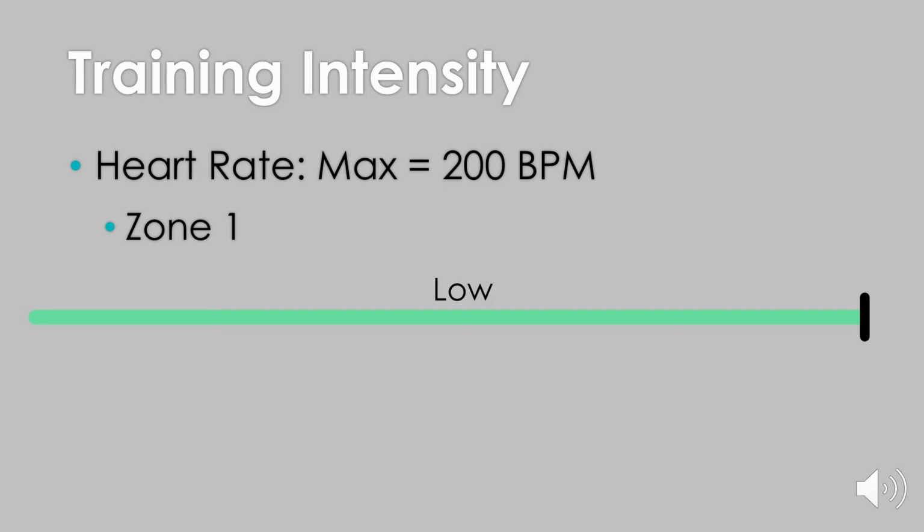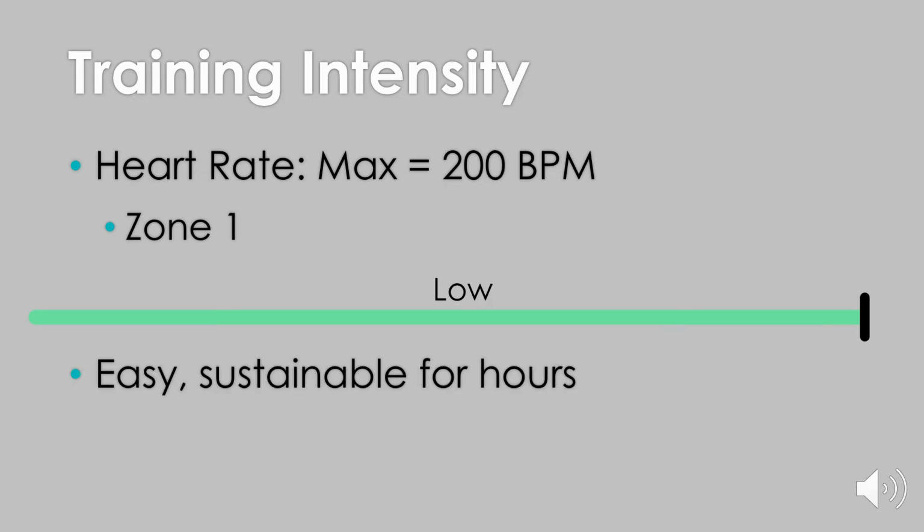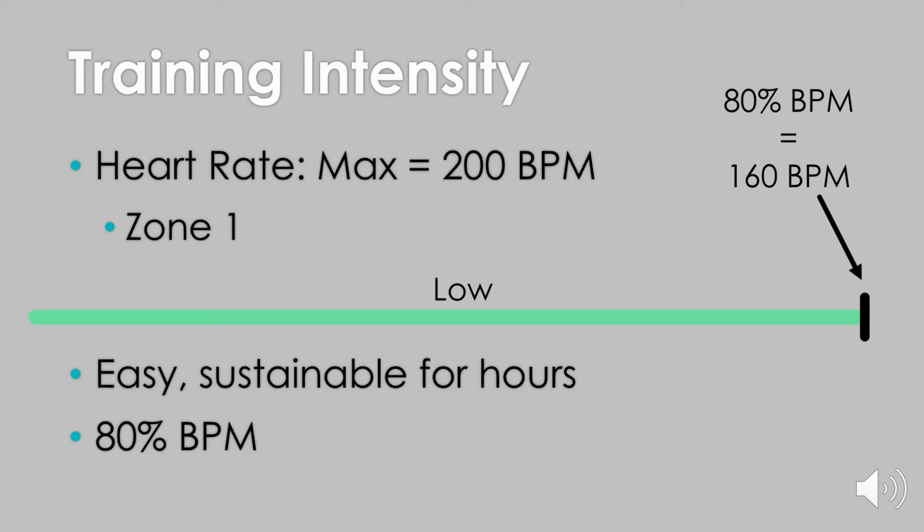Let's focus on zone 1 using heart rate. Zone 1 is relatively easy and can be sustained for many hours if necessary. Using heart rate, zone 1 goes all the way up to 80% of your maximum heart rate, based on the 200 BPM max scale. 160 BPM is the limit for zone 1, low intensity workout.